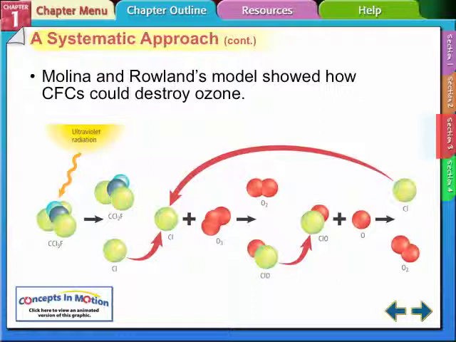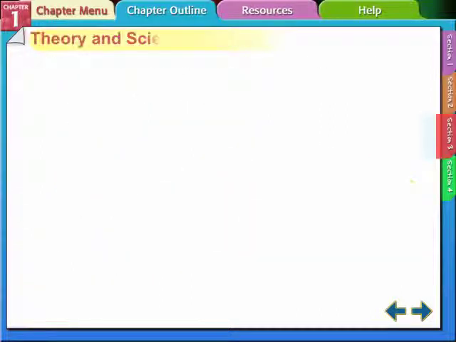And notice their model. Here's where they said, guys, we've definitely got a problem. What happens? The O2 forms, the chlorine gets free, and as you can see, it's able to go back. It doesn't disappear. It's not used up. So it goes back and can now attack another ozone molecule. This can make things very, very treacherous and dangerous with the ozone layer. And that was their model.